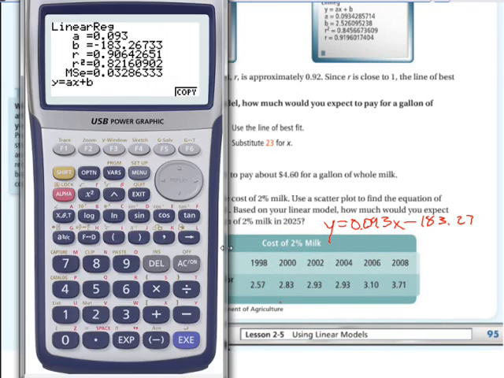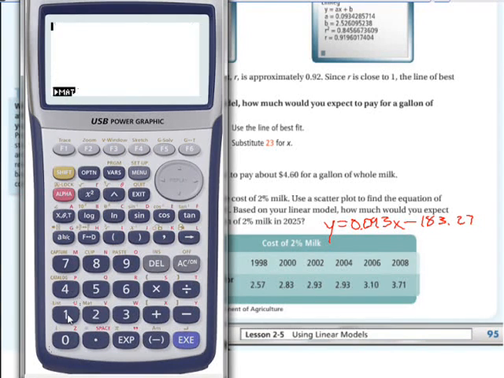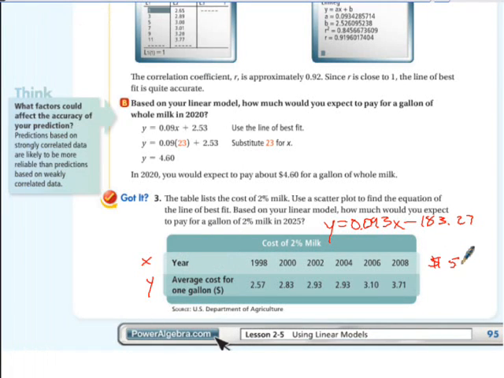Okay, so back to our run menu, we have 0.093 times 2025, and then we subtract 183.27, and the answer I get there is $5.06. I wouldn't put 5.055 because I don't know how you pay that in dollars. So the answer is $5.06, based on the information that we have.